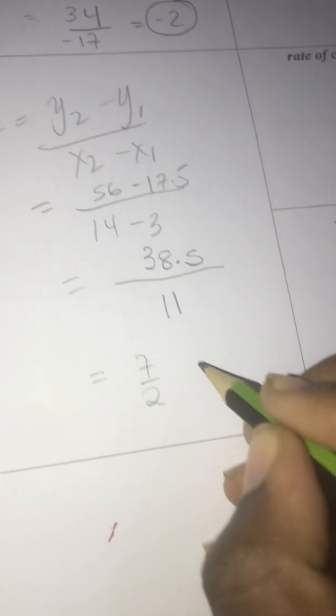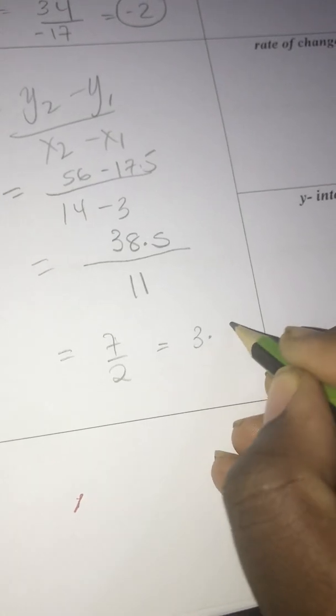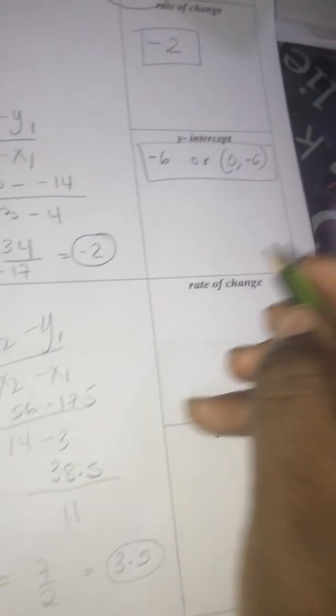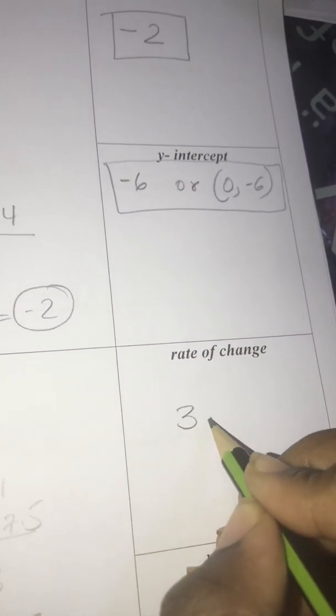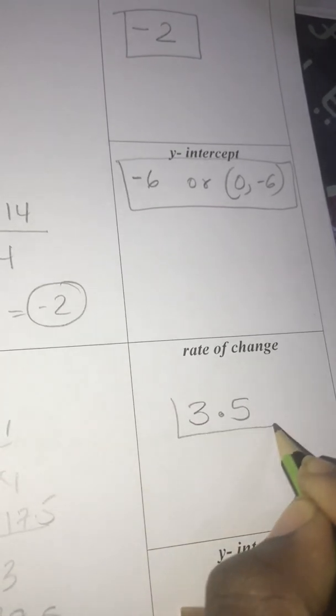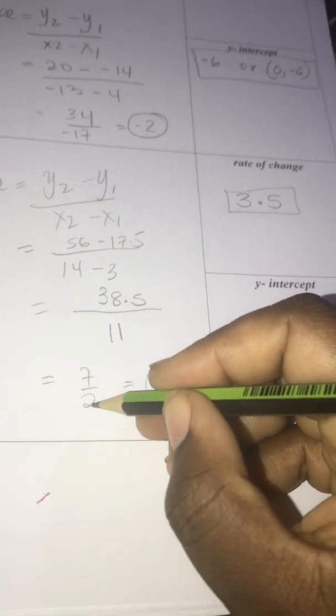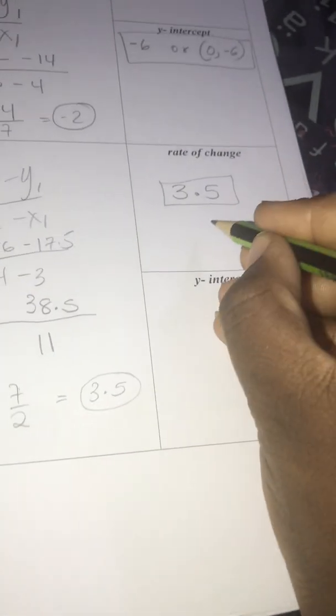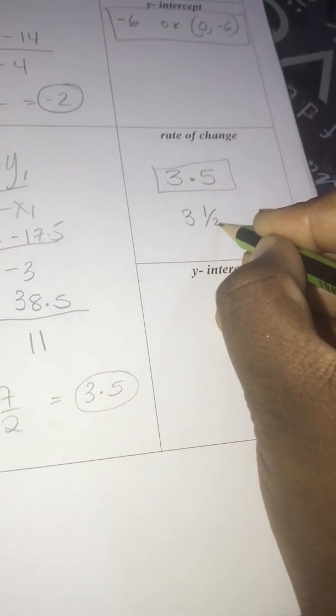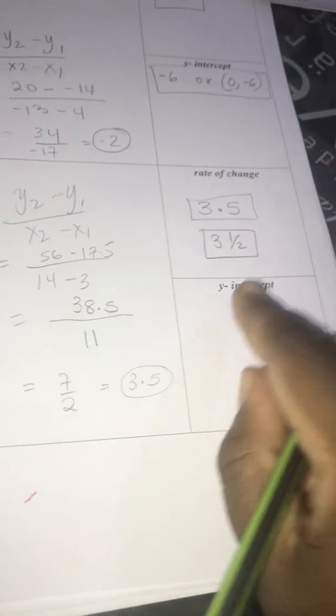Simply change this to a decimal. That will be 3.5. So here your rate of change is 3 5/10. You can also write it as a mixed fraction. 2 goes here 3 times, so this is 3.5. All right. Now you need to find your y-intercept.